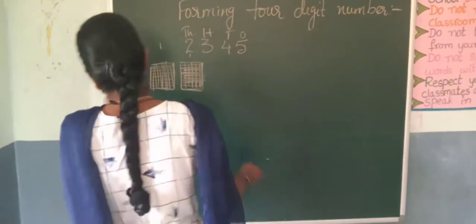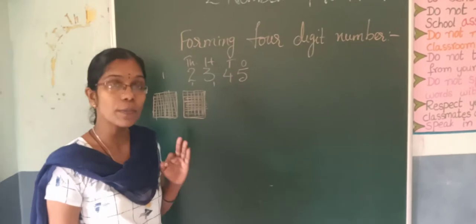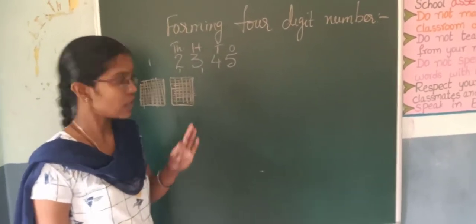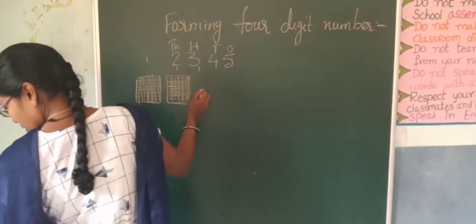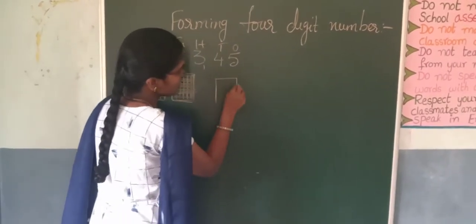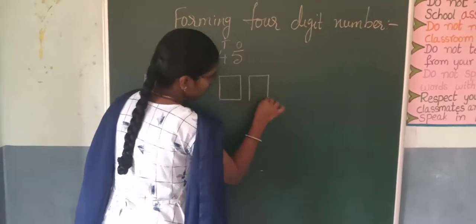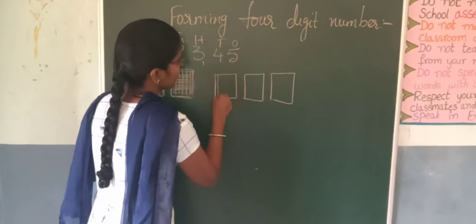Next, hundreds. How many hundreds are there? 3 hundreds. So how many boxes do we have to draw? 3 boxes. So how many hundred boxes? 300 boxes. Okay.